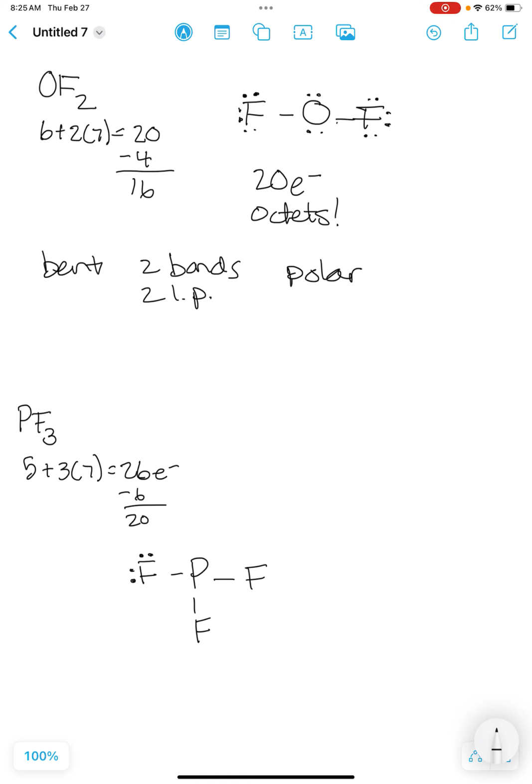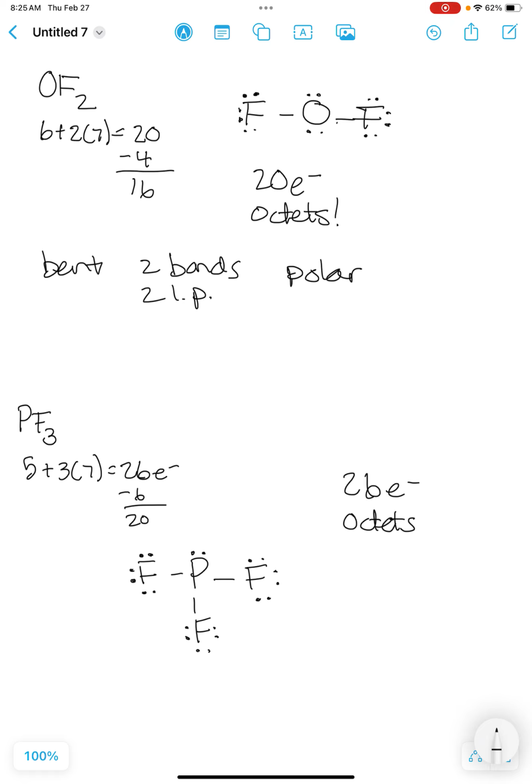2, 4, 6, 8, 10, 12, 14, 16, 18. And then I'm going to put my last set on phosphorus in the middle. So now I go back and check to make sure that I have 26 electrons and that everyone has an octet.